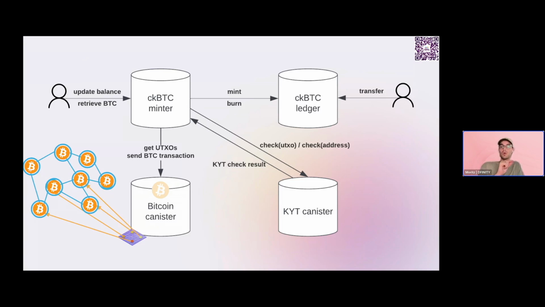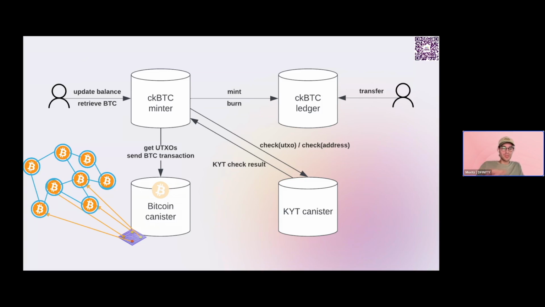Within 1 to 2 seconds, your transaction is finalized, and for a fraction of the cost. On the Internet Computer, for every Bitcoin transfer, you pay 10 satoshis. So it's very, very cheap, and that makes it very attractive.